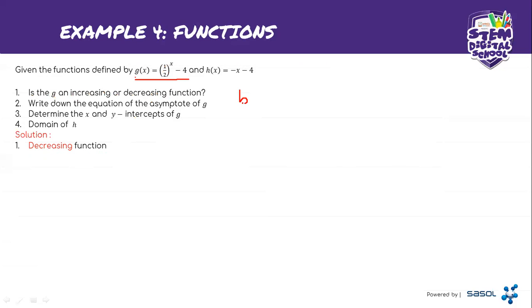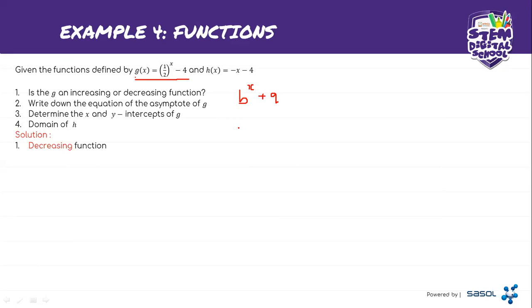Remember, it has b to the power of x plus q, right? Now, if b is greater than 1, then the graph is going to be an increasing function. If b is greater than 1, then the graph will always increase.